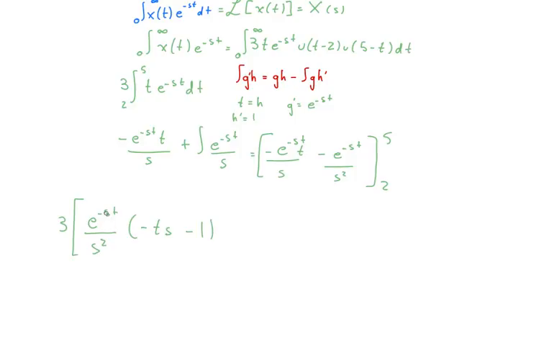And we could see here that if we multiply this out, we'll just get what's right in here. And if we take it from 2 to 5, we're left with this. Note that's 5s up there.